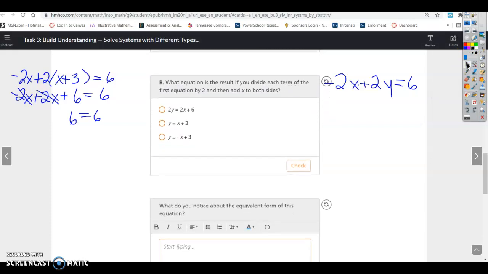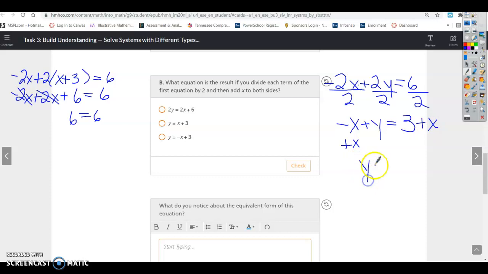What equation is the result if you divide each term by 2? So let's divide everything by 2. That gives us negative x, plus y, equals 3. And then add x to both sides. So if I add x, I'm going to have y equals x plus 3.